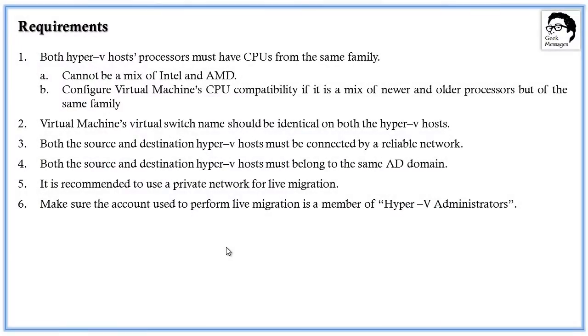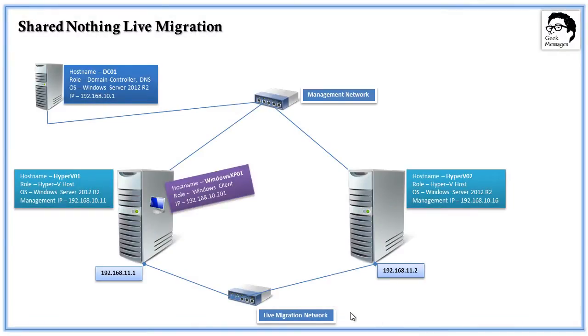And both the source and destination Hyper-V hosts must belong to the same Active Directory domain. In my case, I have joined both the Hyper-V hosts to the same domain. And it is also recommended that you use a private network for live migration. If you look at my slide, I have a separate network for live migration.